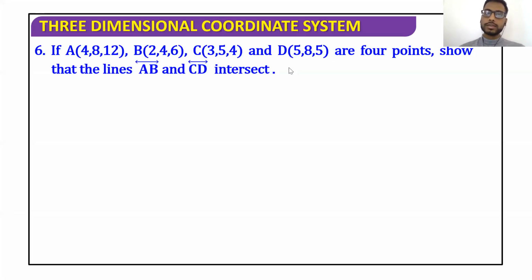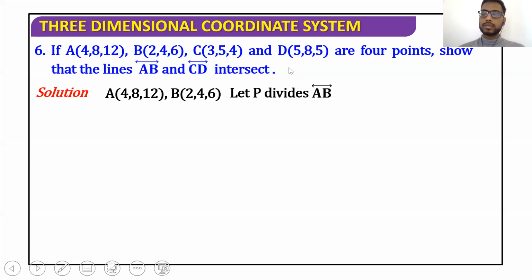Okay, so let's solve this. I have my 4 points. First, I will consider 2 points A and B, and I'm going to say that let P divide this segment AB internally in the ratio, say lambda is to 1.